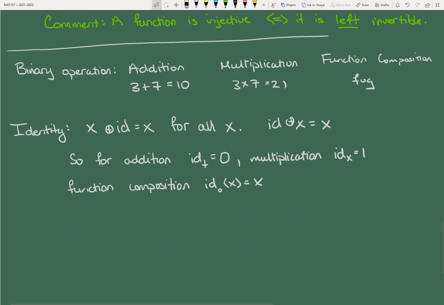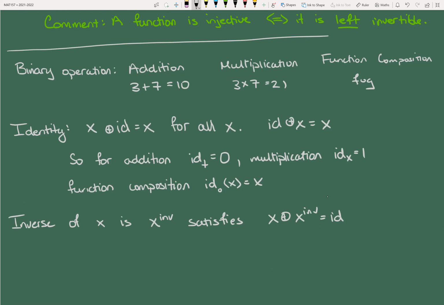And then you have an inverse, okay? So the inverse of X, let's call it X inverse, satisfies X binary operator X inverse is equal to the identity.